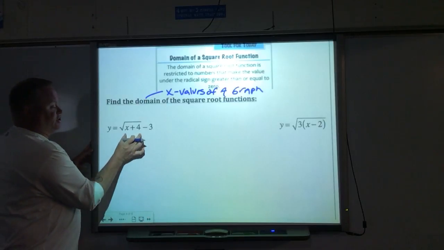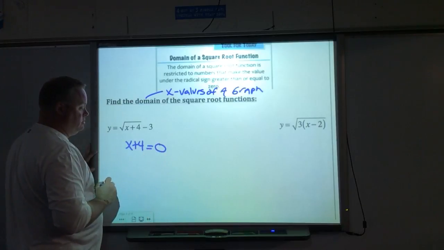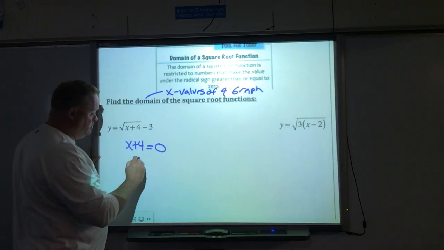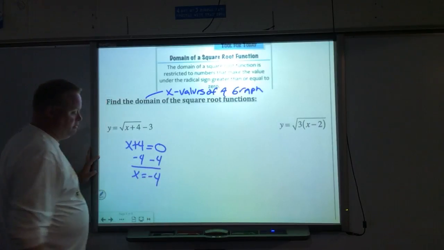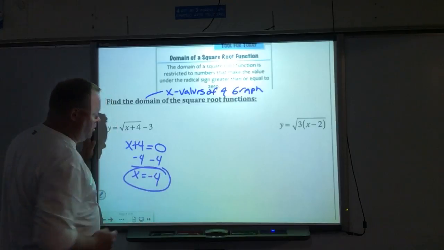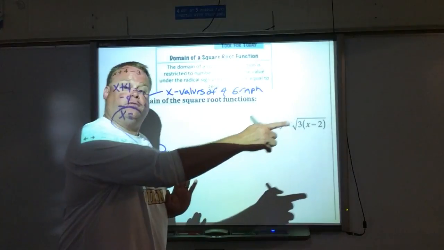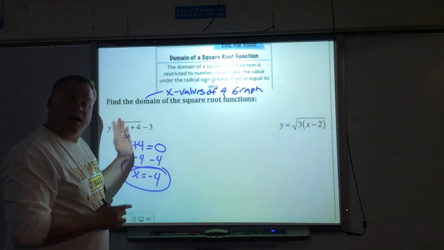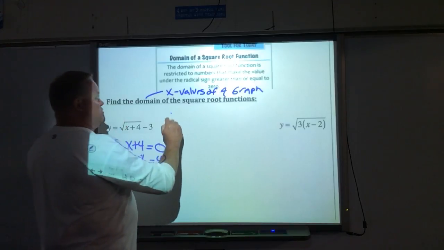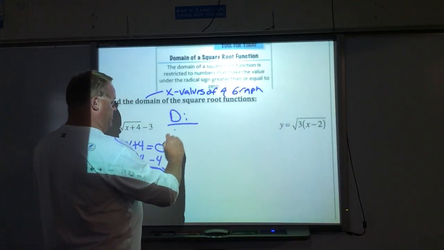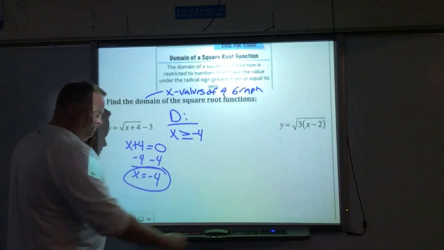The easiest way to do this is just take the terms, set them equal to 0, solve for x. Perfect. So x is equal to -4, which means every value equal to -4 or greater than -4 is going to allow me to have a true function. So my domain for this is going to be x is greater than or equal to -4.